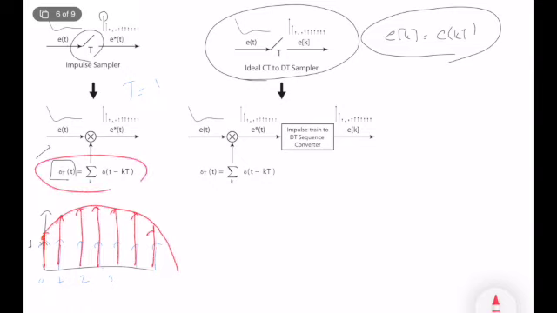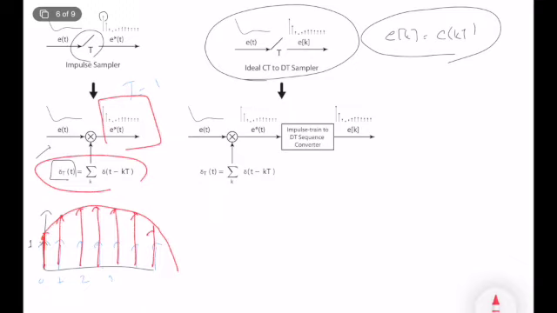Important thing is that at this point my signal is still continuous. It is somewhat an analog to analog conversion, but my analog signal is a fictitious impulse train, which looks like a digital signal. So the impulse sampler lives somewhere between the analog and digital domain.